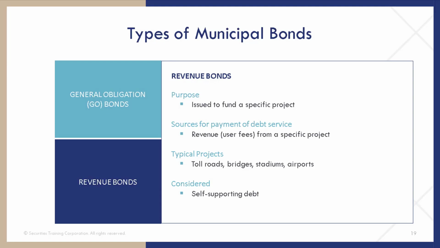And because it's not backed by taxes, revenue bonds do not require voter approval to be issued. General obligation bonds will generally require voter approval because they are backed by your taxes.